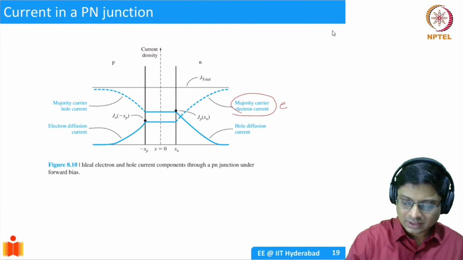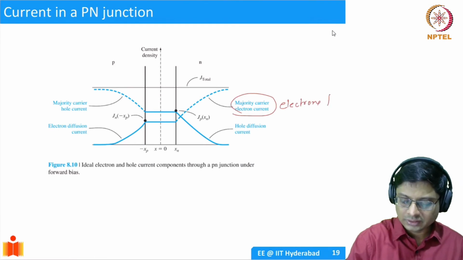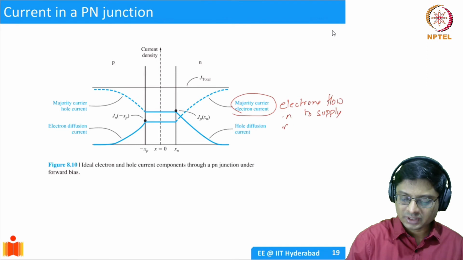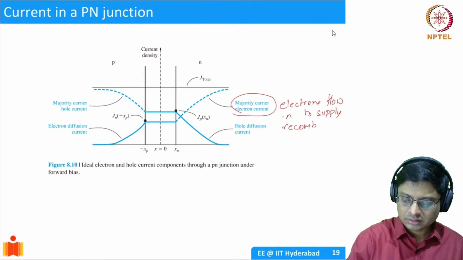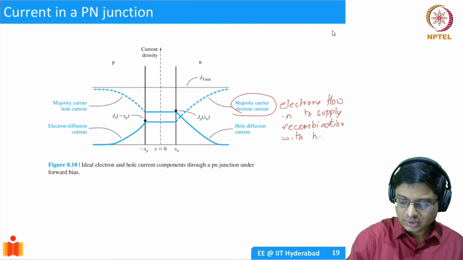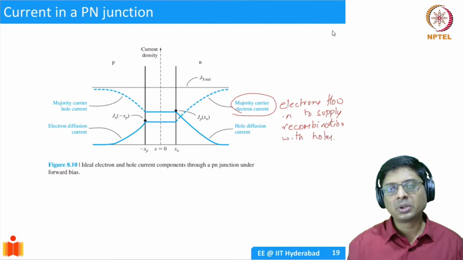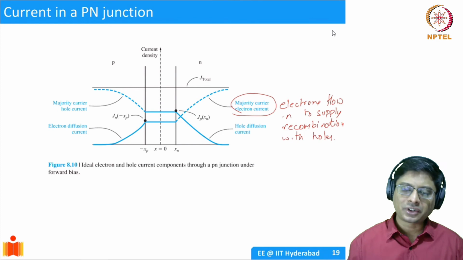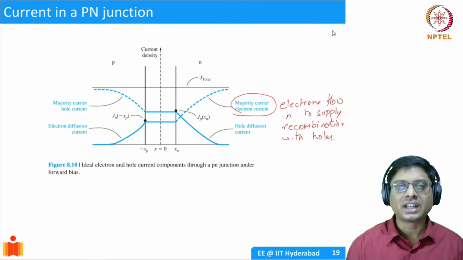Electrons flow in to supply recombination with holes. So the diffusion is providing only holes; electrons have to come in. Electrons will come in from the N-type semiconductor, so majority carriers.